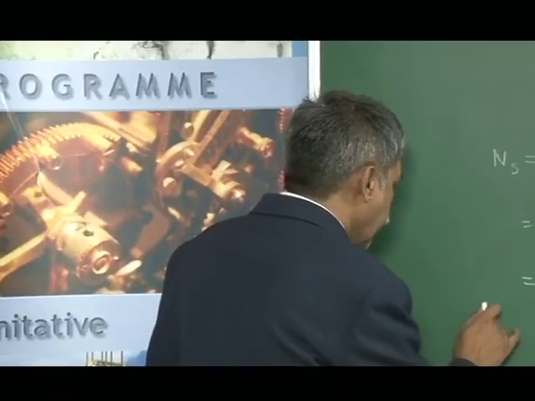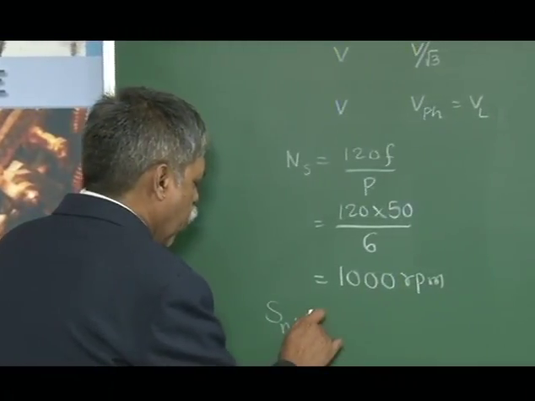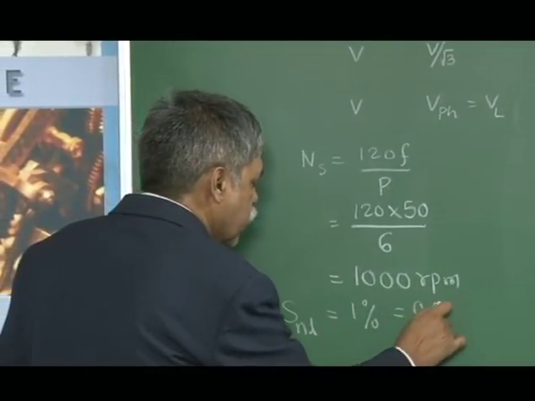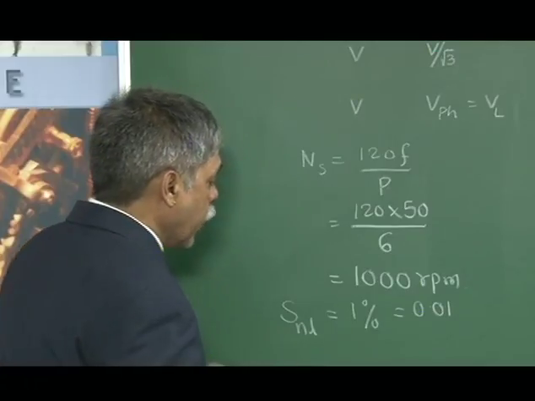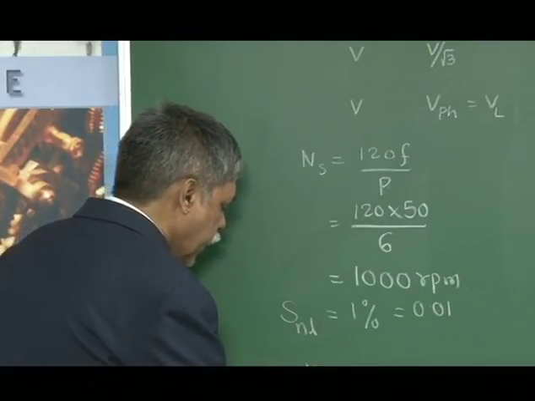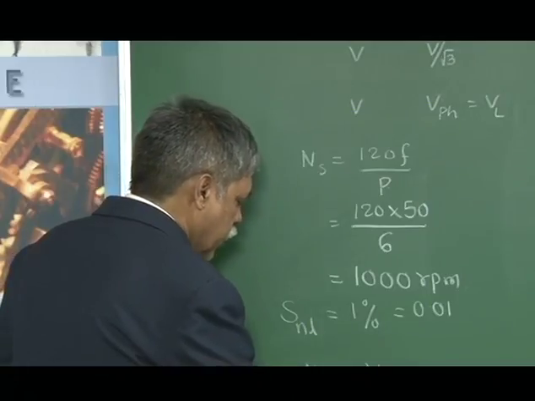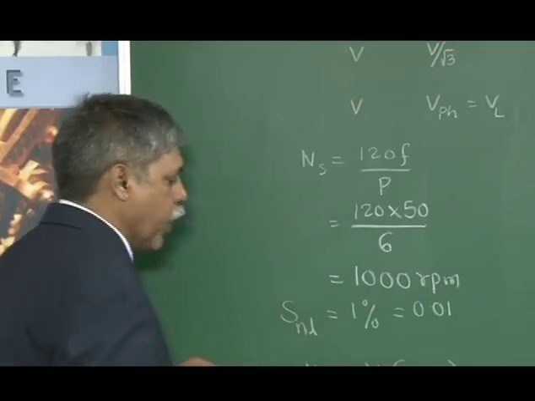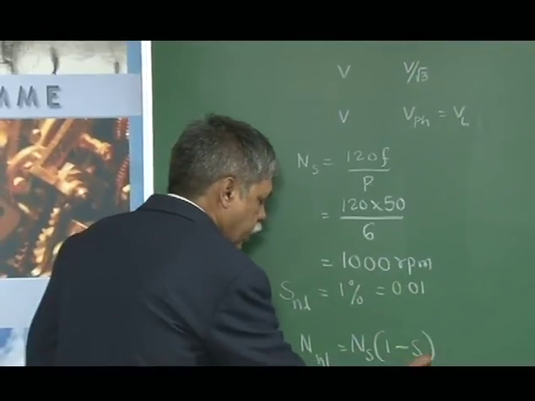No load slip, I write here SNL, NL stands for no load. This is 1%, so I can write it as 0.01. To calculate the no load speed of the induction motor, I will be using this expression: N equals Ns into 1 minus S under no load condition.